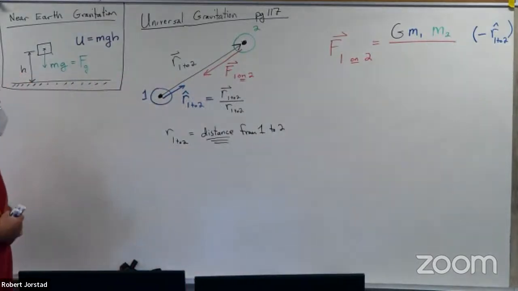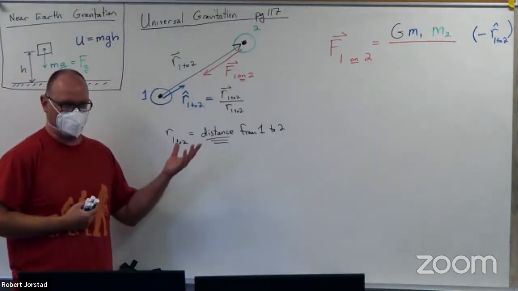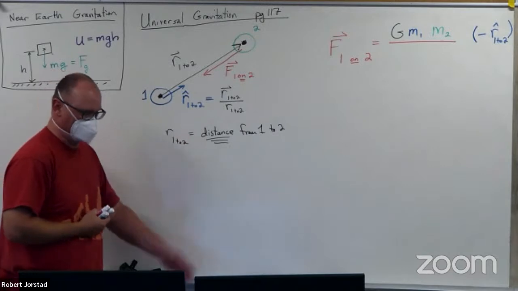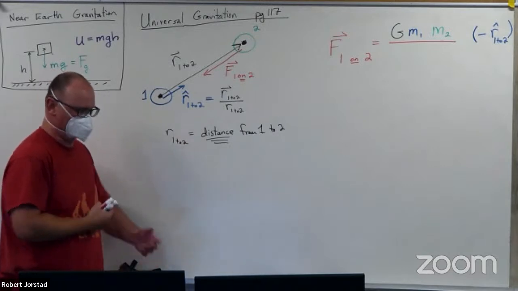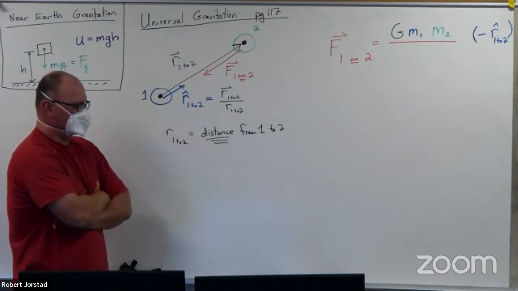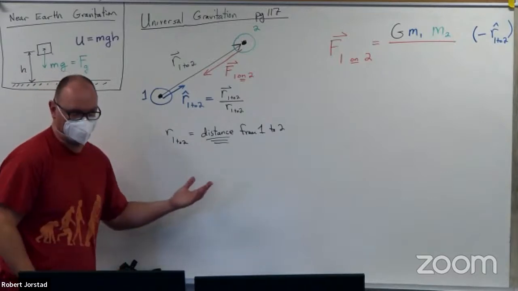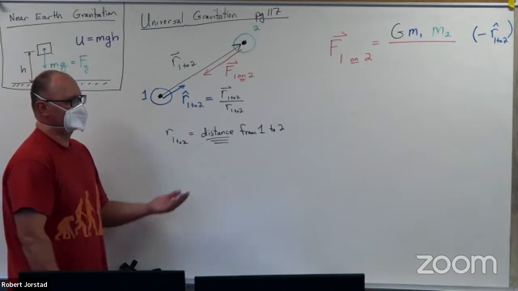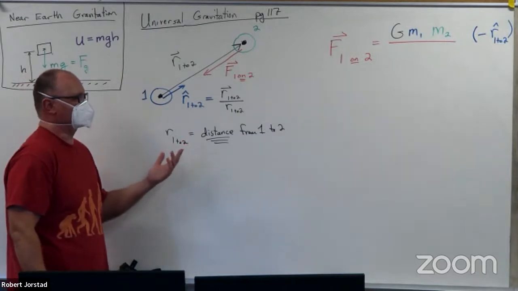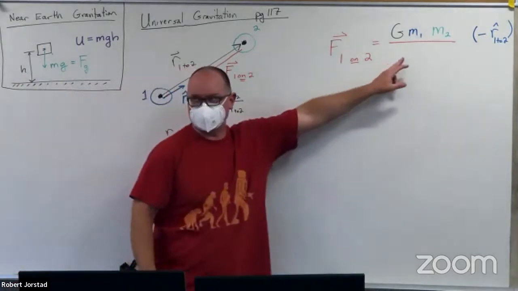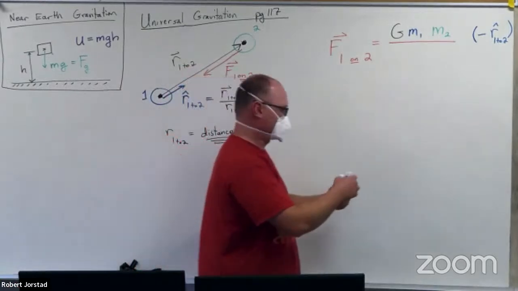And what do you know about gravity if you go really far away from something? What happens to the amount of gravity if you go far away from it? If I go to a different solar system, do you think the Earth would be exerting a large gravitational force on me? No, right? Far away, it doesn't matter. So that's my point: the radius needs to go in the basement. If that didn't make sense, that's fine.